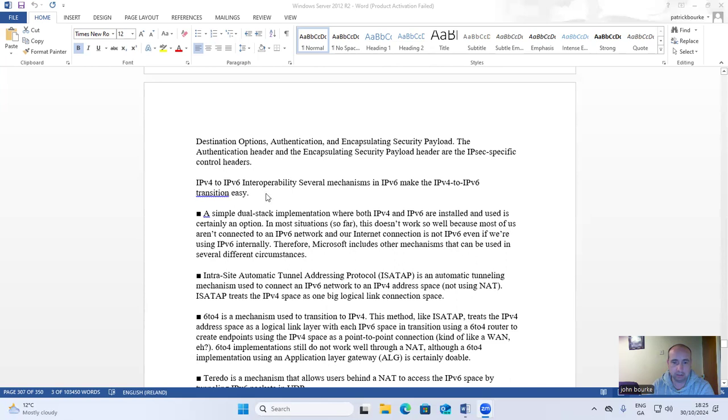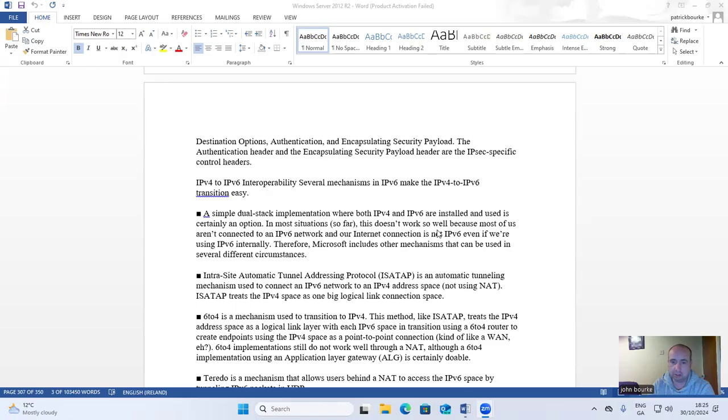IPv4 to IPv6 interoperability. Several mechanisms in IPv6 make IPv4 to IPv6 transition easy. A simple dual-stack implementation, where both IPv4 and IPv6 are installed and used, is certainly an option in most situations.